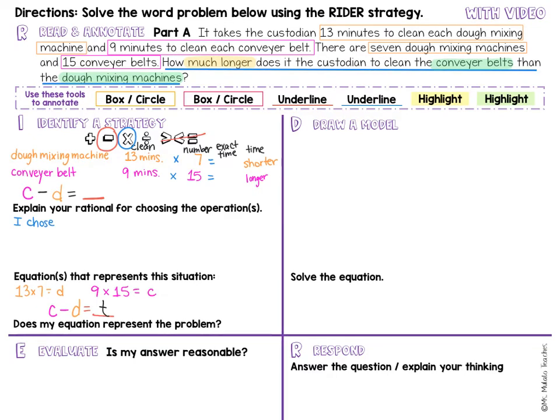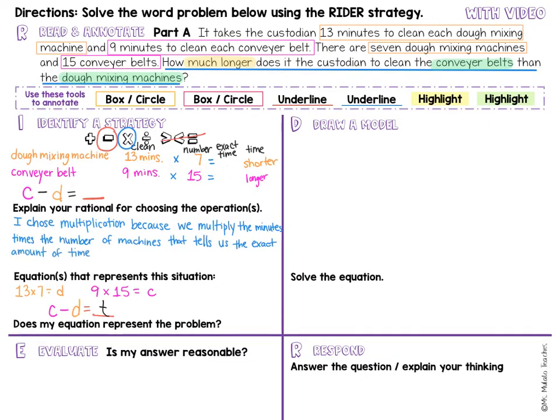So we can say, I chose multiplication because when we multiplied the number of machines times the number of minutes, that gave us the time it took to clean the machines. Let's write. I chose multiplication because we multiply the minutes times the number of machines. That tells us the exact amount of time it takes to clean the machines.